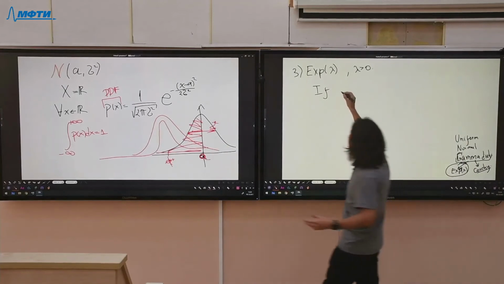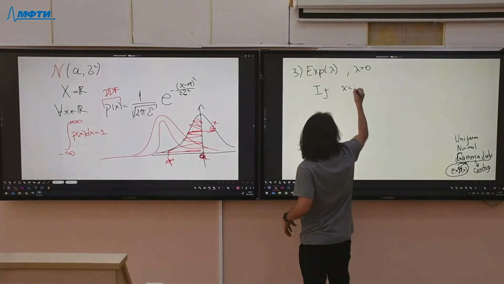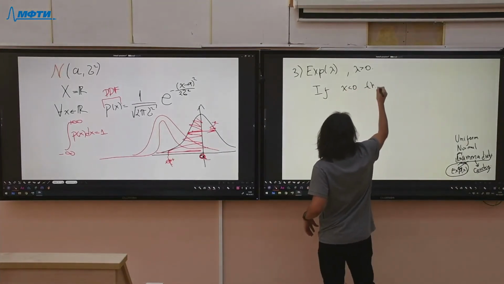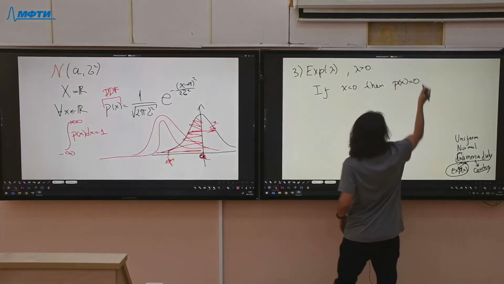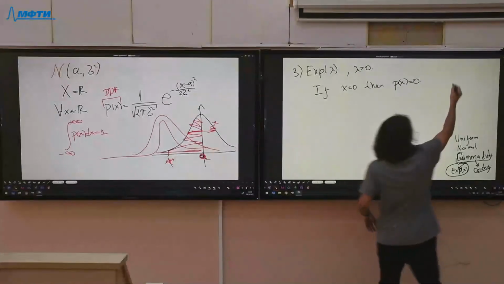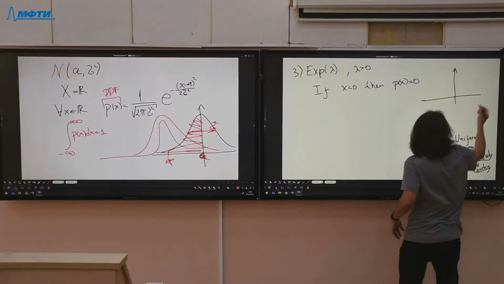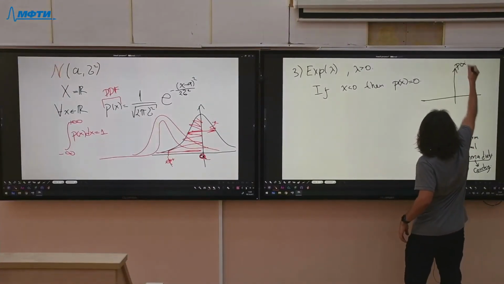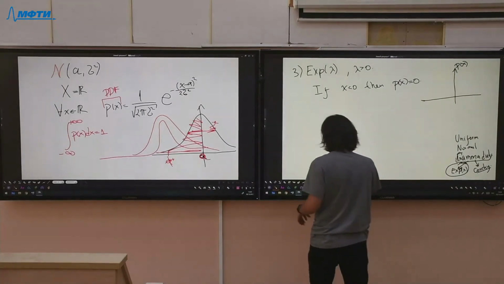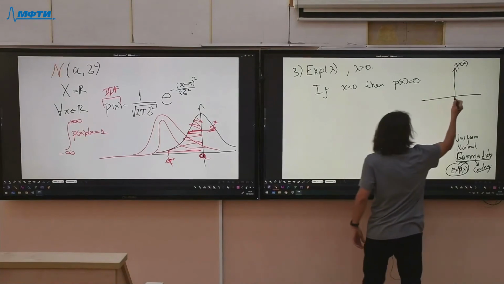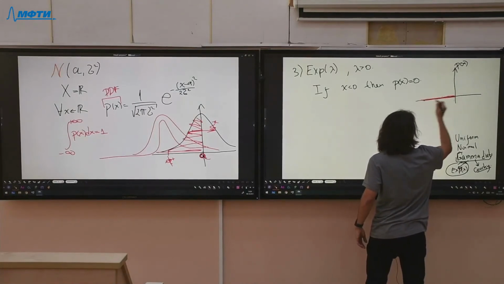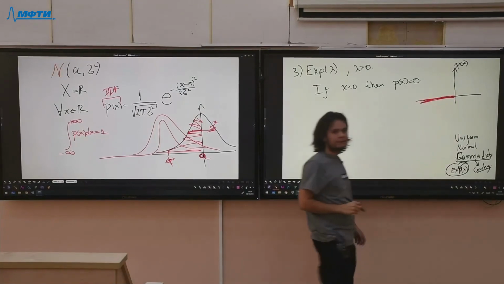So look, if x is less than 0, then the density is 0. Here we have 0.